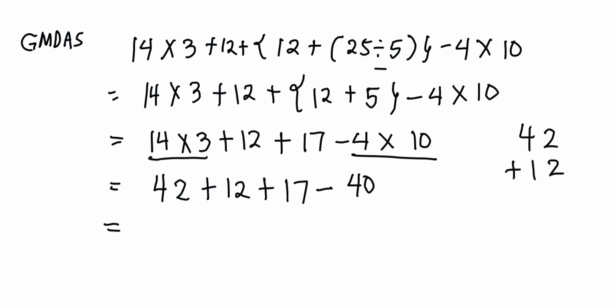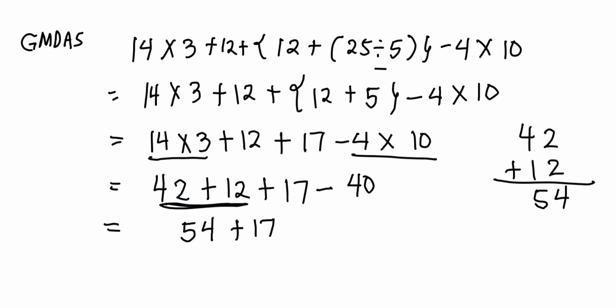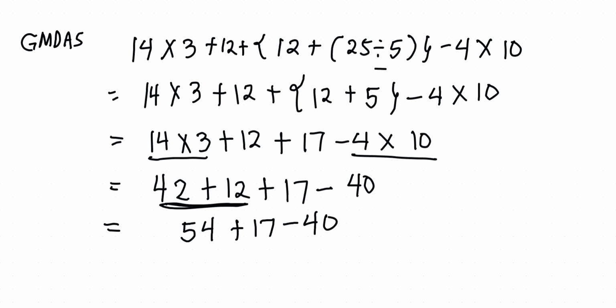That is 54. So we solve this one first so that I will not be confused, okay? So 54 plus 17 minus 40, just copy minus 40. And then let's do now the 54 plus 17.